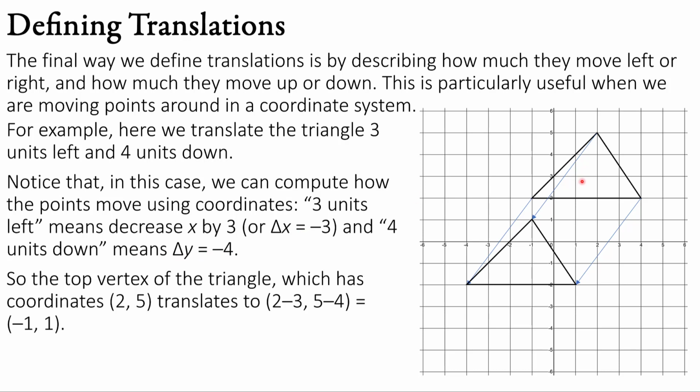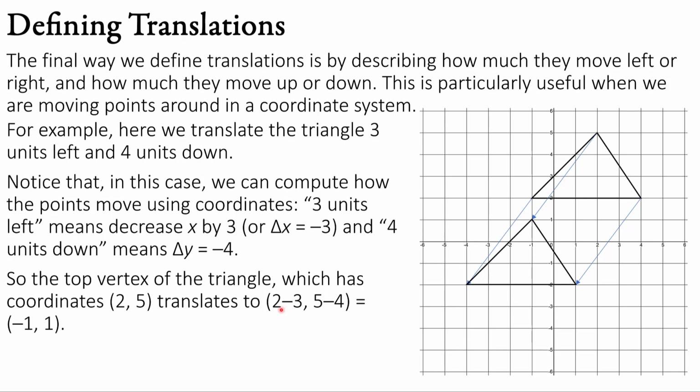So the top vertex of the triangle, for example, which has coordinates (2, 5), right there, translates to (2 minus 3, 5 minus 4), because we're subtracting 3 from the x-coordinate and taking this y-coordinate 5 and subtracting 4.